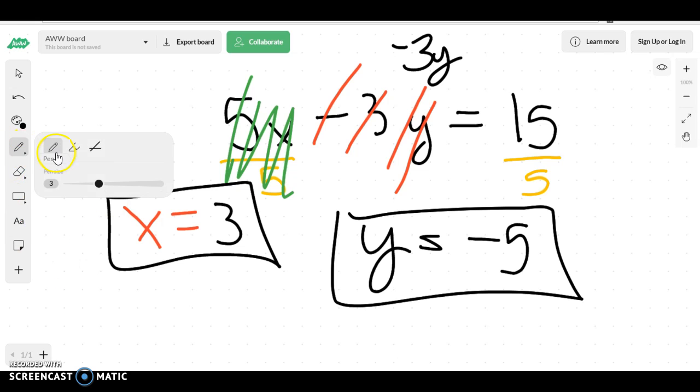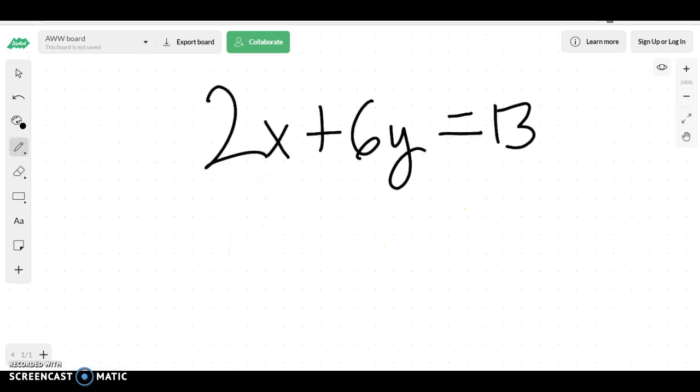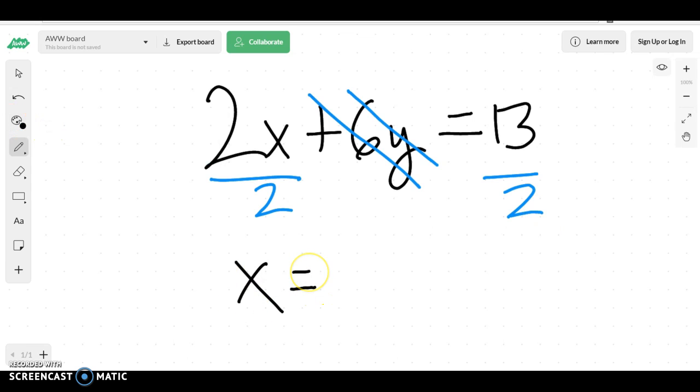Let's talk about one last thing before I end this video. I want you to think about why this would be hard to find the x and y intercepts. The answer you should have come up with, why we had that pause, was that here I'd get some decimals. Watch, if I cover up the x and I divide each side by 2, I'd get that x is equal to 13 divided by 2, which is not a nice number.